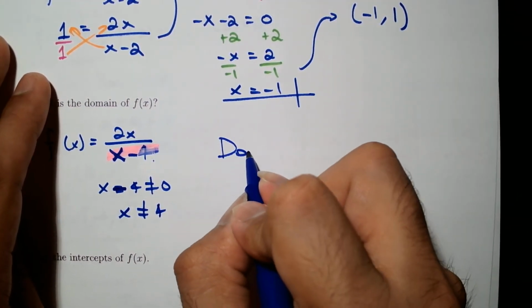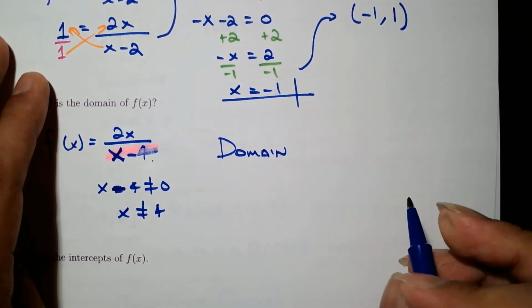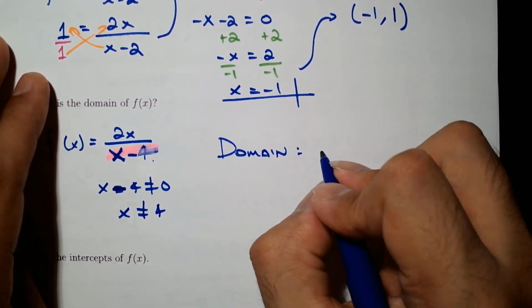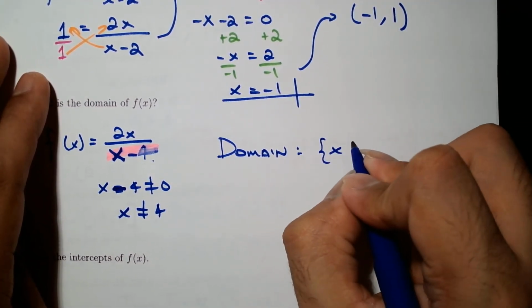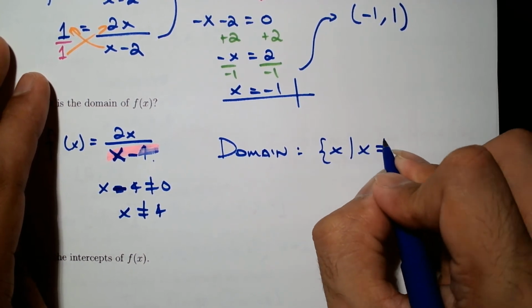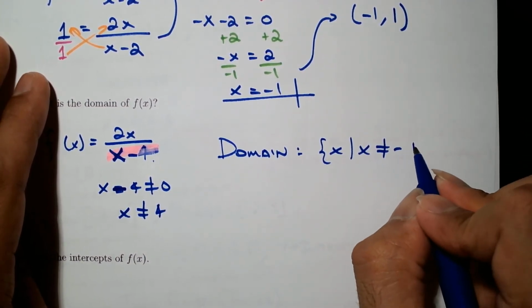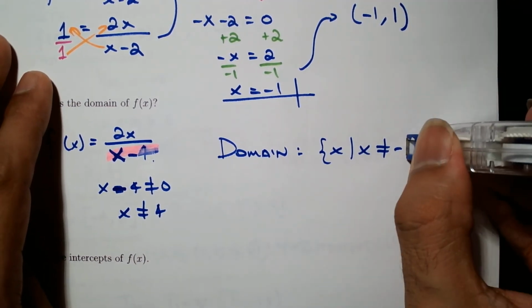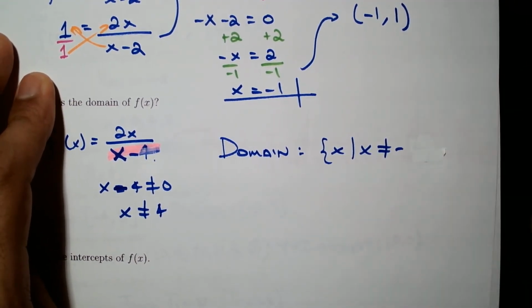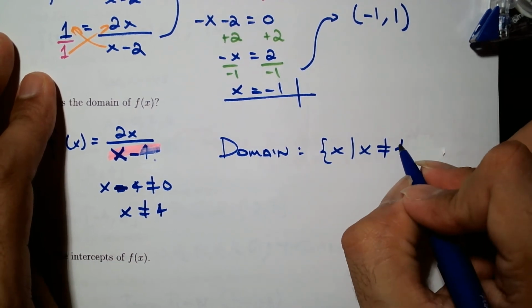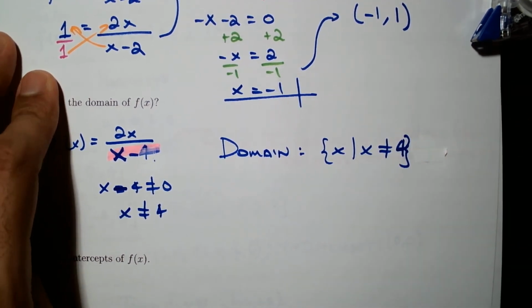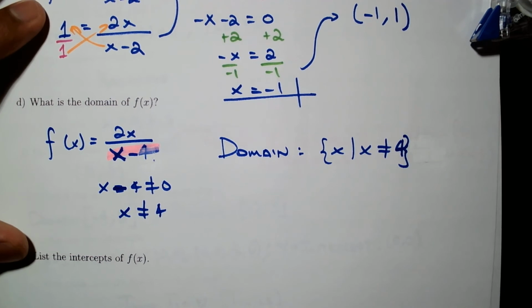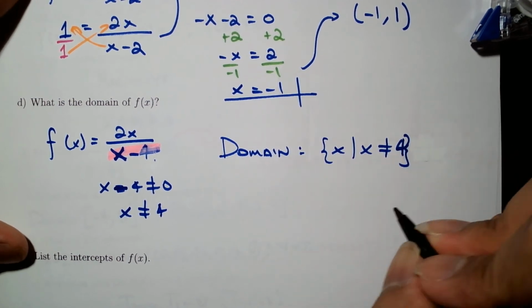So the domain is x such that x cannot be 2. Using interval notation, you might want to use the graph as we did in the previous section.